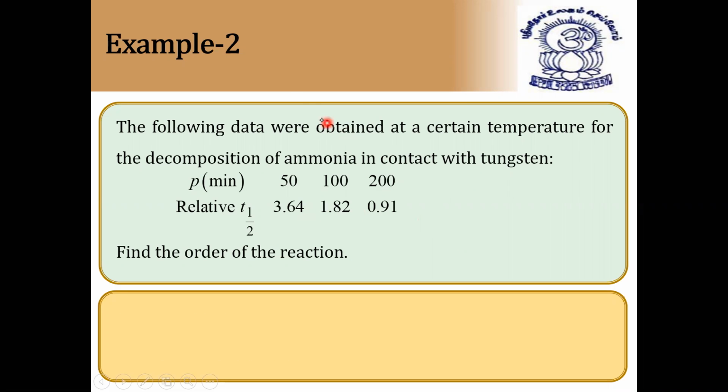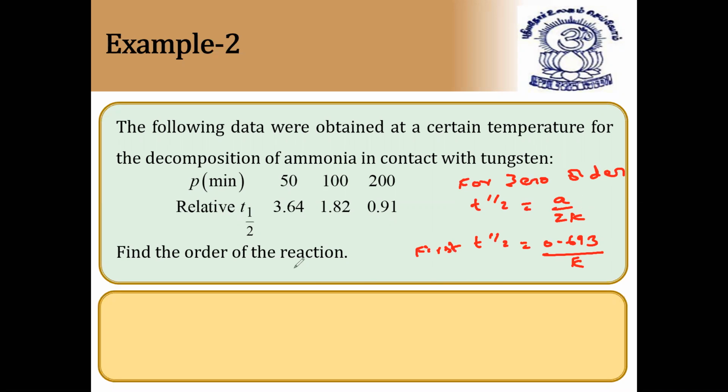So for zero order, if the reaction is zero order, T half is equal to A by 2K. And for first order, T half is equal to 0.693 by K. And for second order also you have to check.